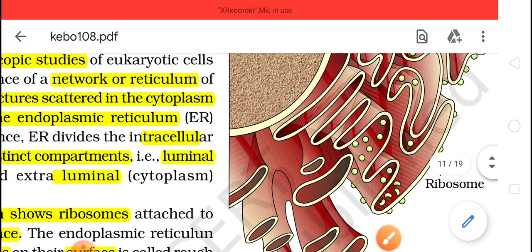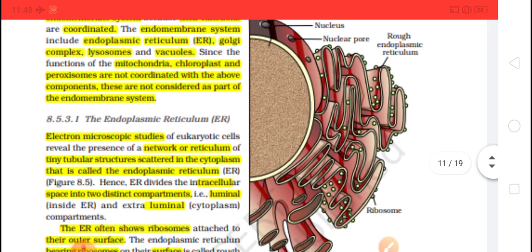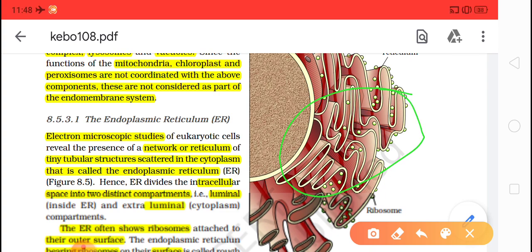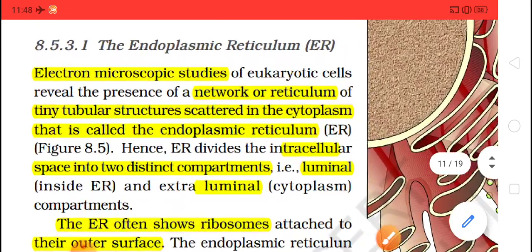I'm showing a picture in front of you. This network of tiny tubular structures scattered in the cytoplasm is called the endoplasmic reticulum. Clear about this, children?